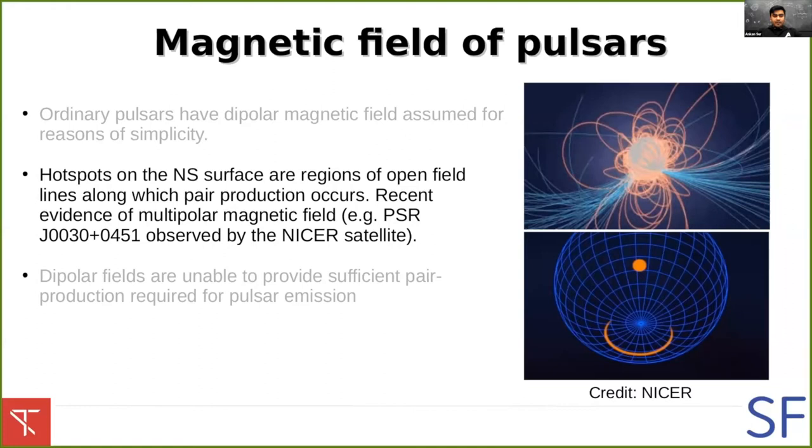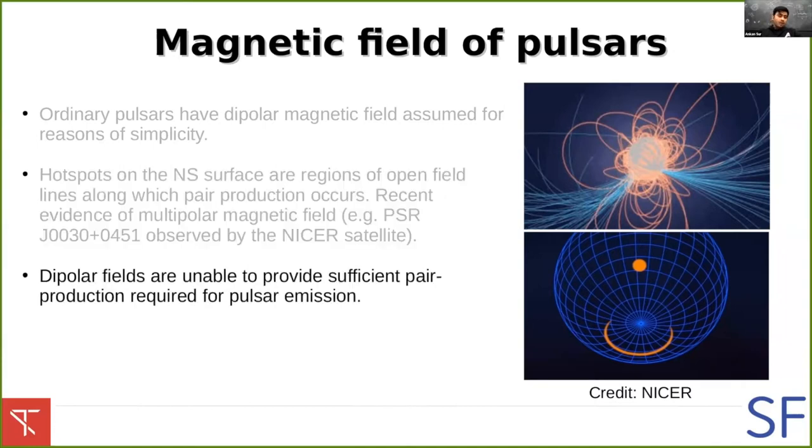However, recent observations by the NICER satellite, studying X-rays, were able to locate the hotspots on the neutron star surface, which are regions of open field lines, and which show evidence of a multipolar magnetic field.